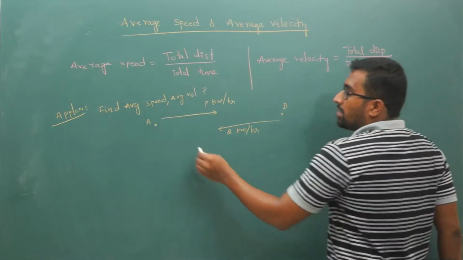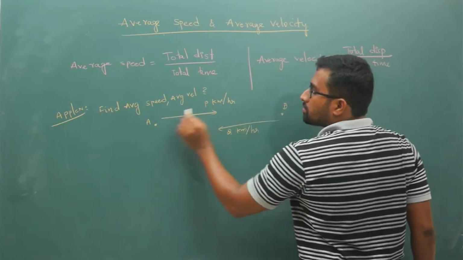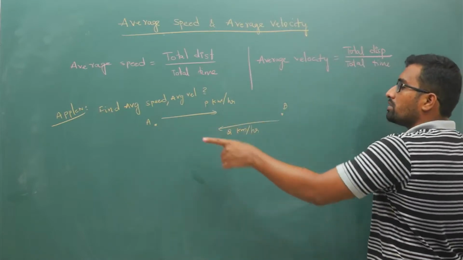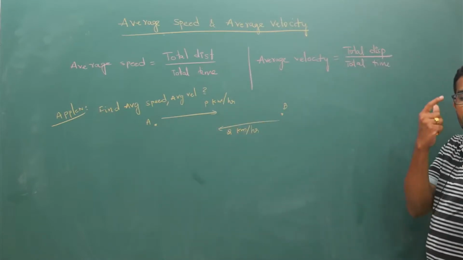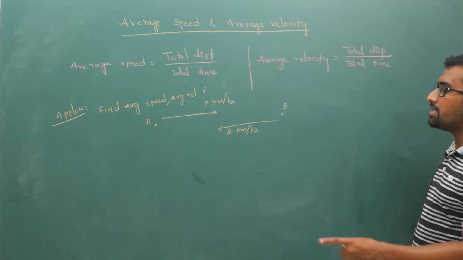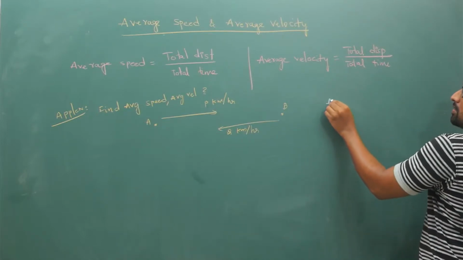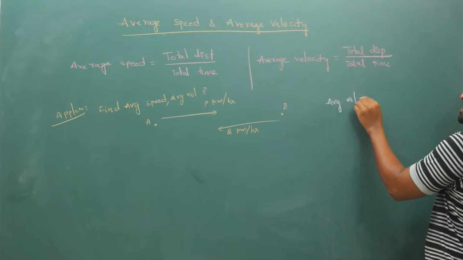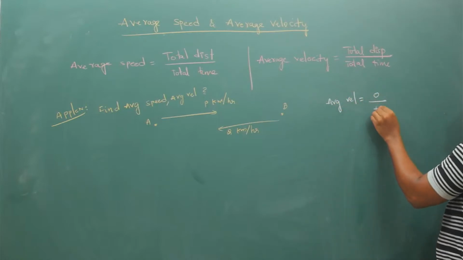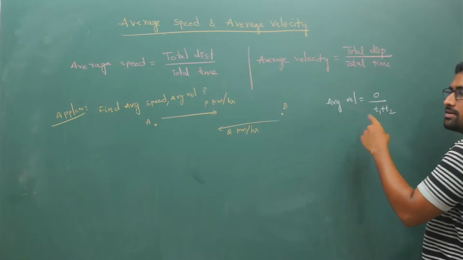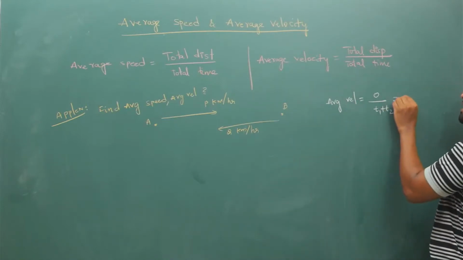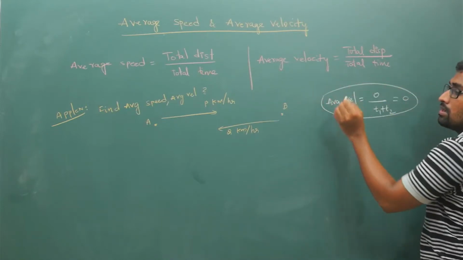Now a body comes from A to B and goes back from B to A. Your displacement is then 0, so average velocity is 0 by time t1 plus t2, t1 to come and t2 to go back, so the magnitude of average velocity is anyhow 0.